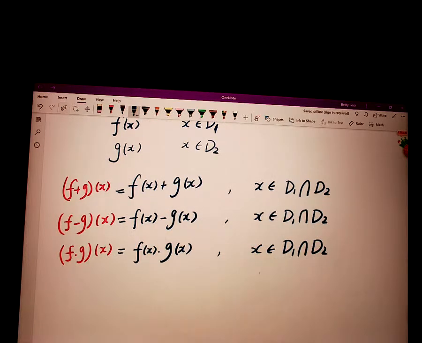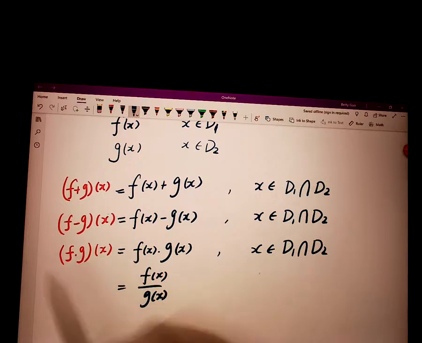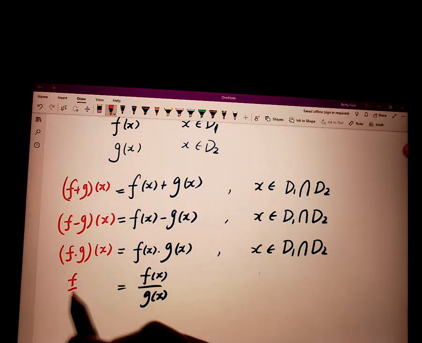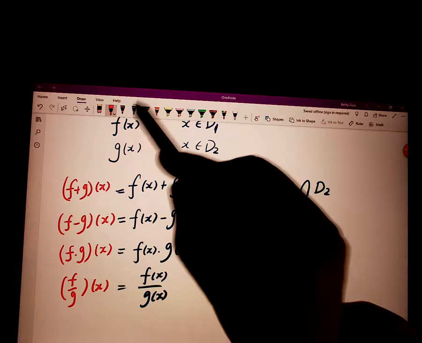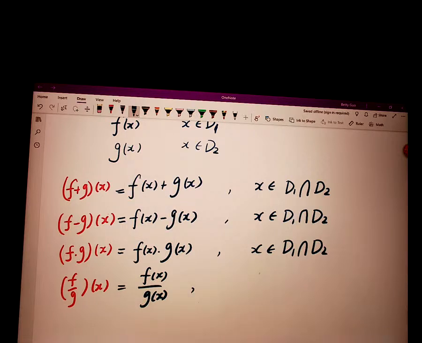Plus, minus, multiply, divide. We define f(x) over g(x) as the division function, and the notation is (f/g)(x). Okay, and what about the domain? This one is a little bit different. Variable x cannot assume any value or values which would make the denominator be 0, right? So here the domain, we're going to be very careful.